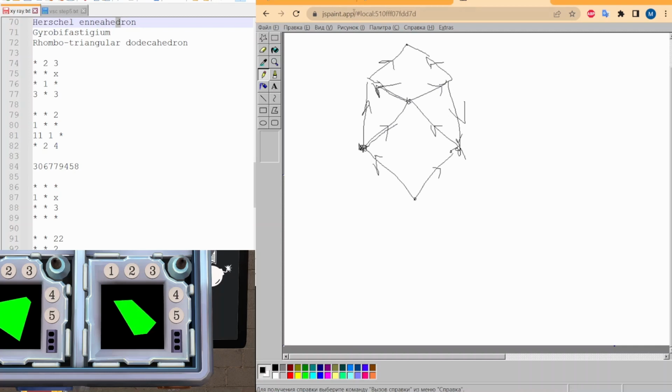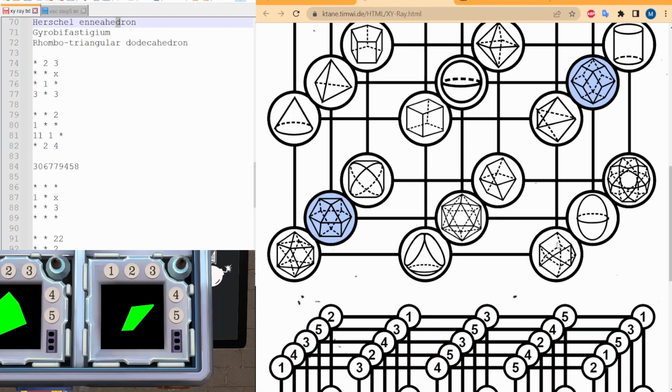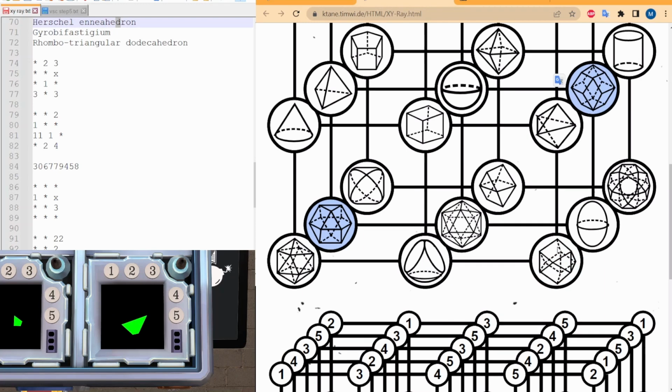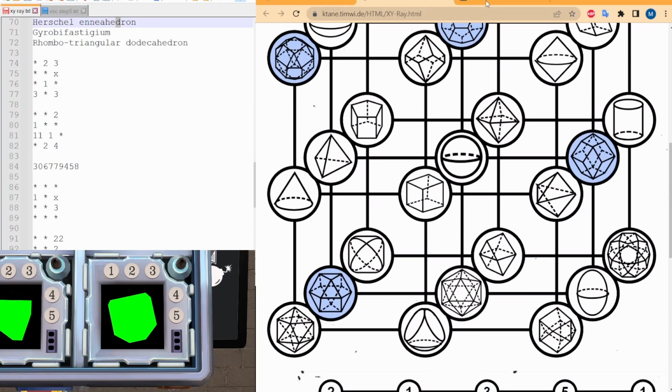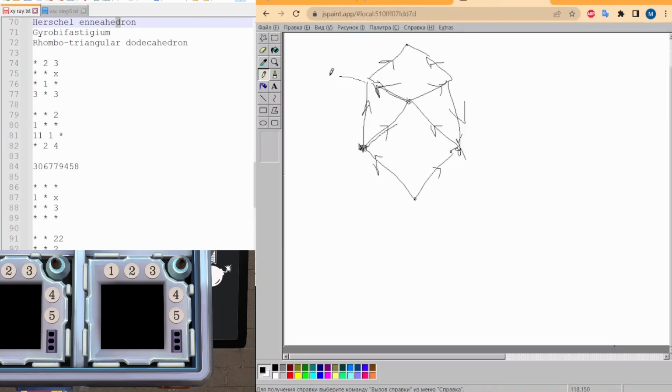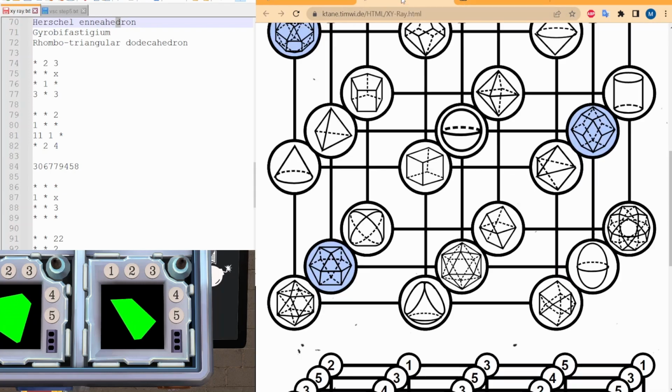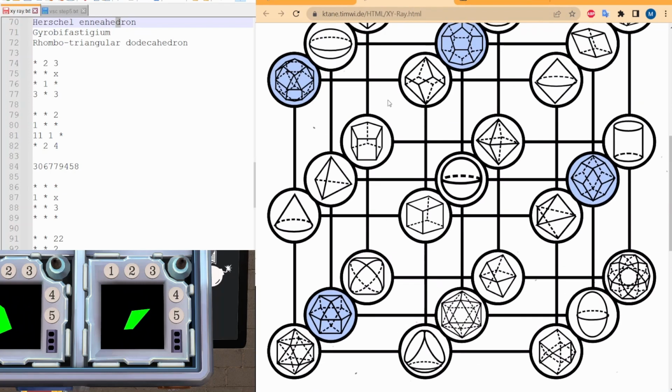And now it still can be this one or this one. Now we need to confirm what's on the side of this triangle, if it's a square or a triangle. Because if it's a square, it's one of these two.